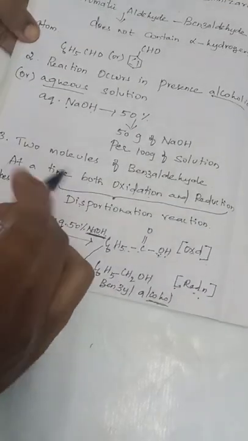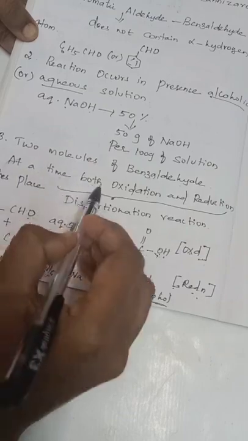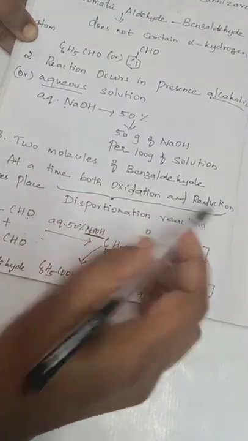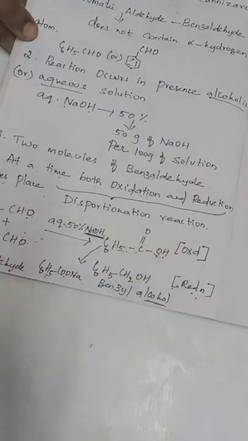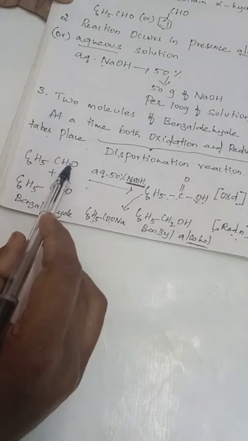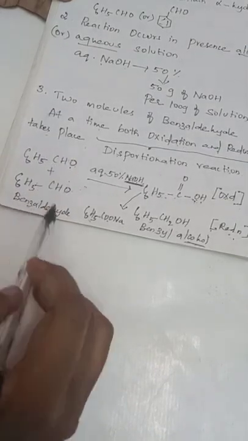Then the third condition: we are using 2 moles of aldehyde, so at a time both oxidation and reduction take place. This reaction is called a what? Disproportionation reaction.